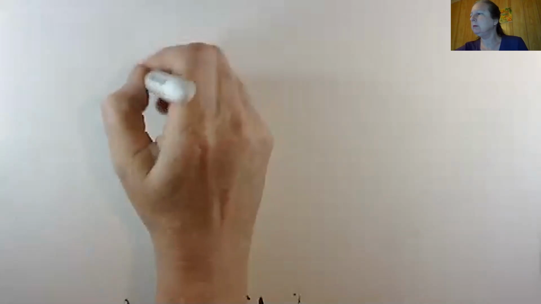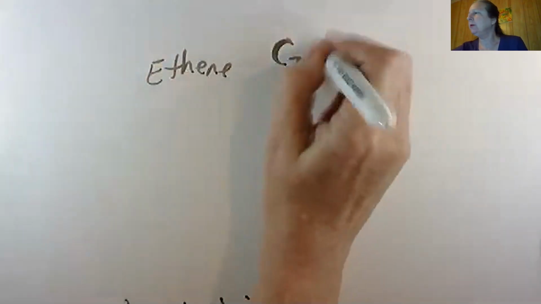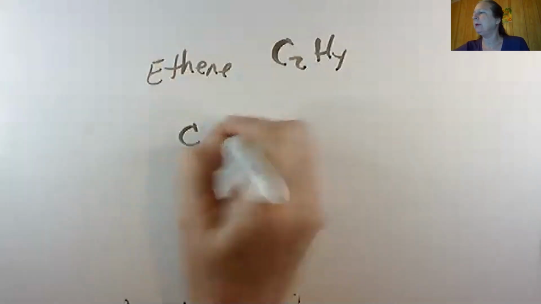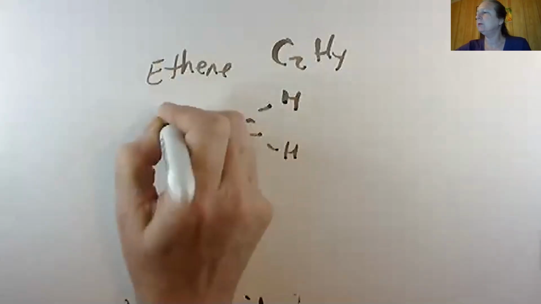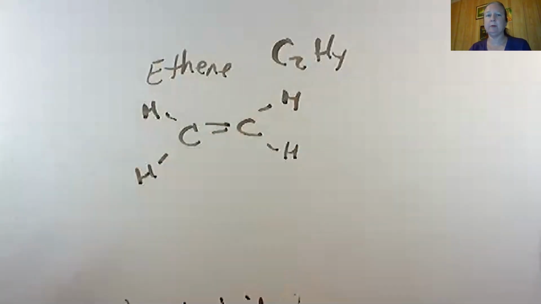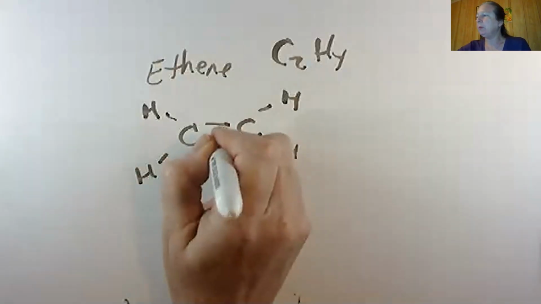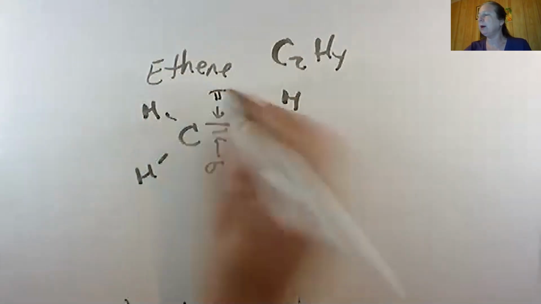So ethene, C2H4. Well, if I have a carbon and a carbon, there's my C2, 2 H's on each carbon. So obviously I have a double bond here in order to fit my Lewis structure. So this double bond means one of these is a sigma and one of these is a pi.